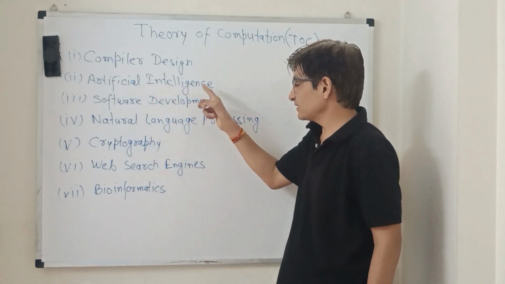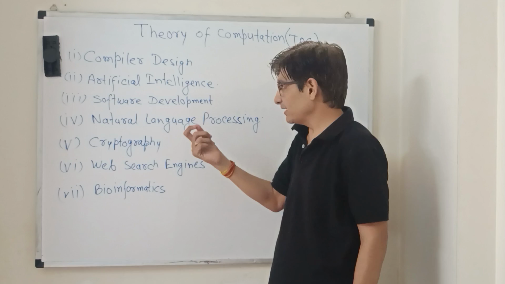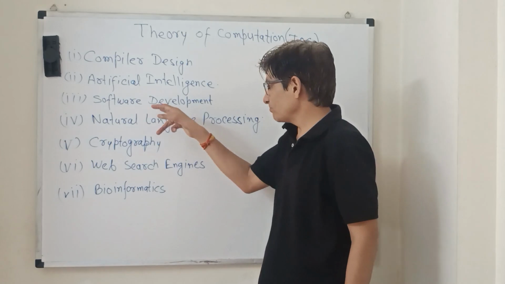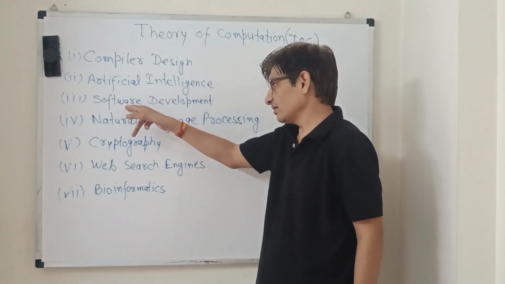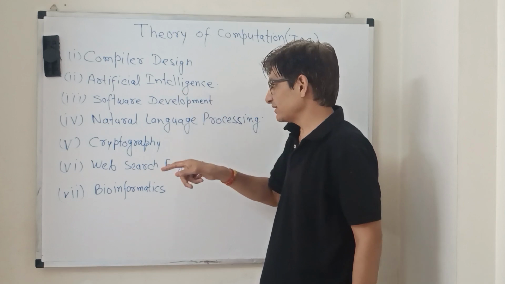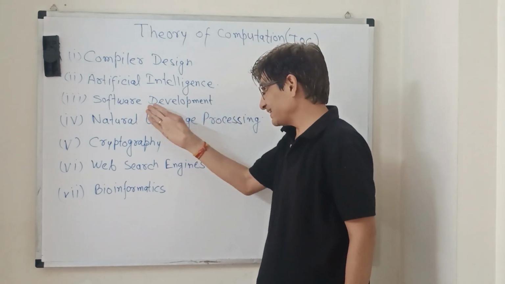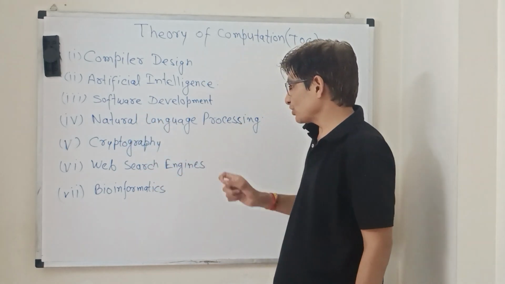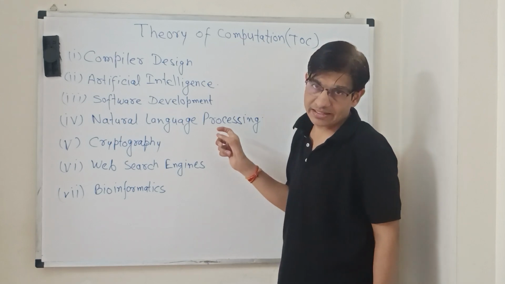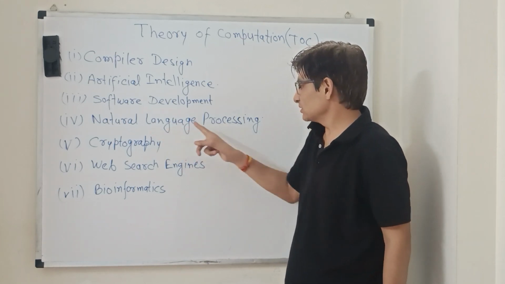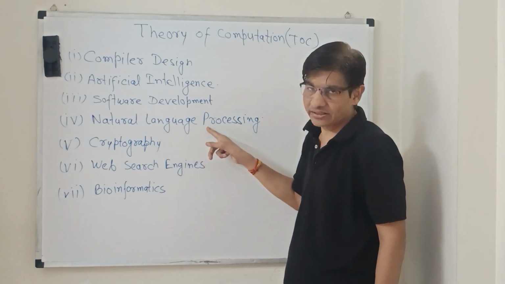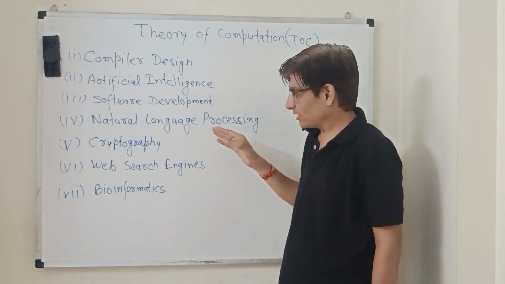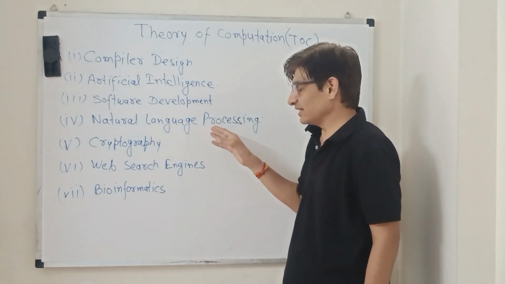In artificial intelligence, we use TOC for creating intelligent agents using automata again. In software development, we use automata and related algorithms to design software and to analyze its performance during development. Natural language processing makes use of formal languages theory, where we use linear bounded automata to design computing algorithms that can understand human languages.